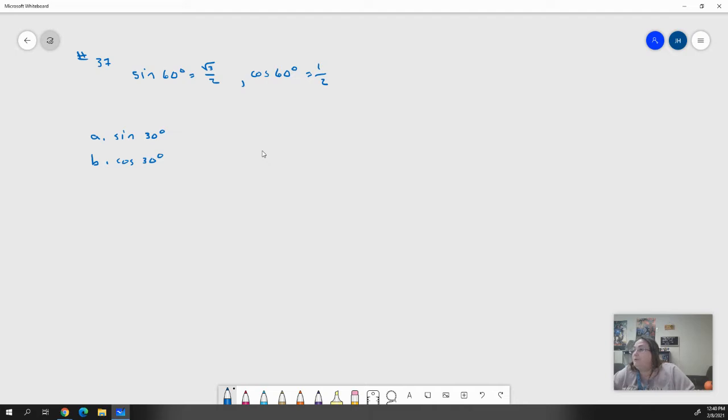If we look at problem A, we want to find the sine of 30 degrees. One of the things we know from our trig identities is that sine of 90 degrees minus theta equals the cosine of theta.